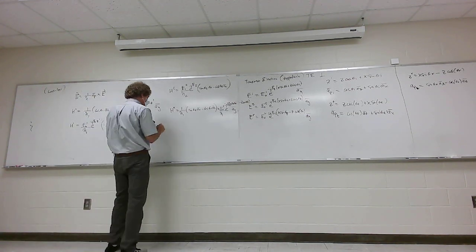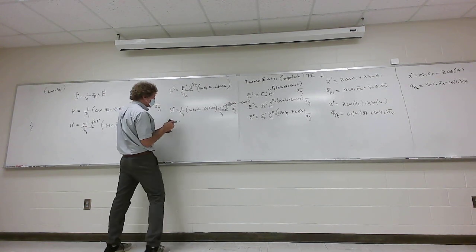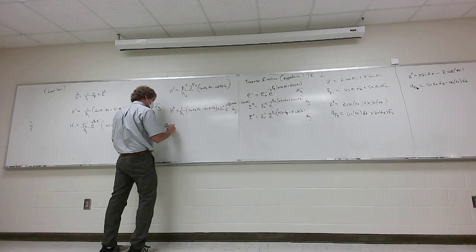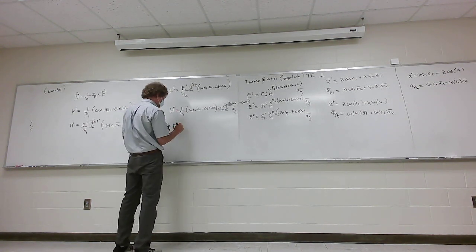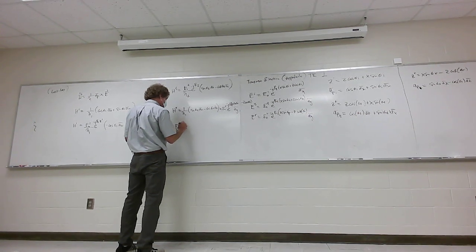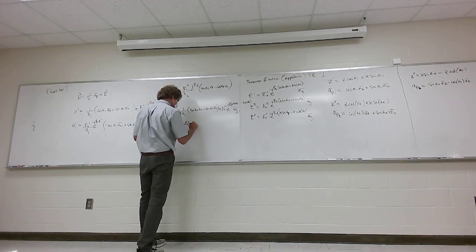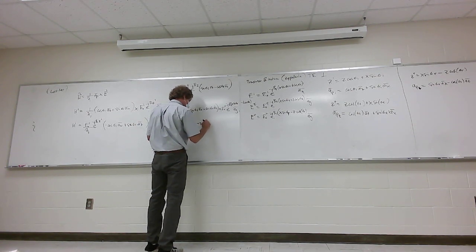I do the cross product, and for the H reflected, I'll take the scalar values up front. It's going to be E naught reflected over A to 1, then E to the minus J beta 1 here, X sine of theta reflected minus Z cosine of theta reflected here.